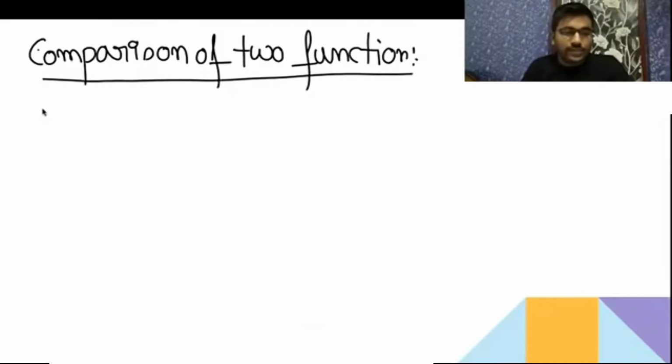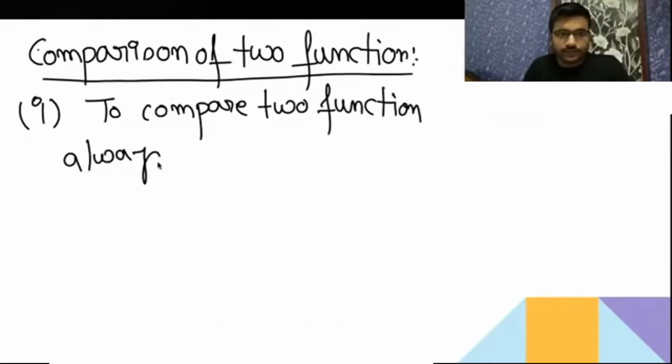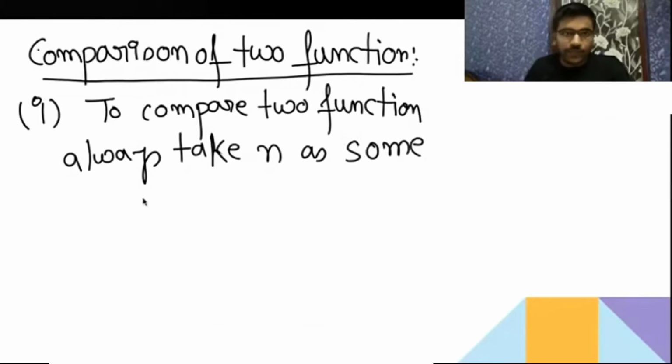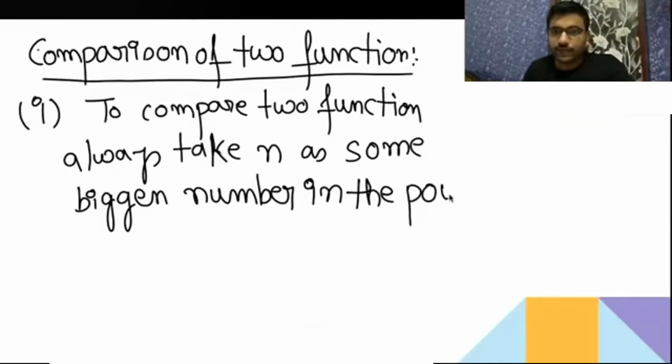Rule 1 is saying, to compare two functions, always take n as some bigger number in the power of 2, so that it will be easy for us to compare.